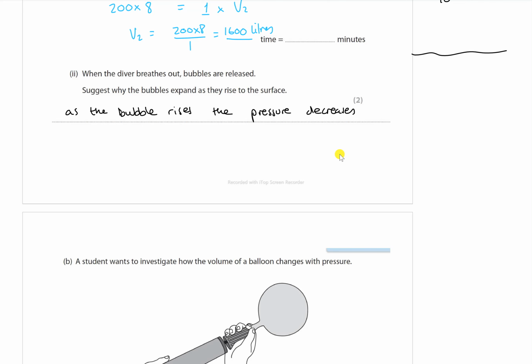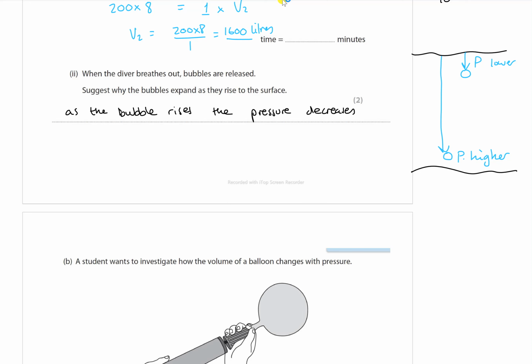Because look, this is the water. If I had a bubble here, if I measured the pressure here, it would be higher because I've got all this water above it. Whilst if I had a bubble here, there'd be less of a force on it. So the pressure here would be lower and the pressure here would be higher. So that's what we need to put.